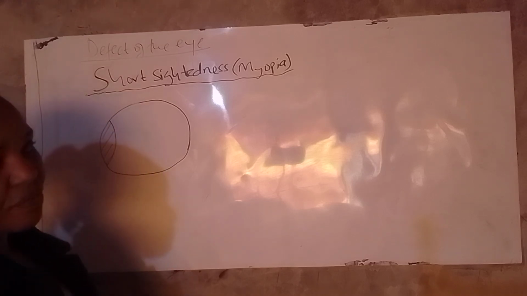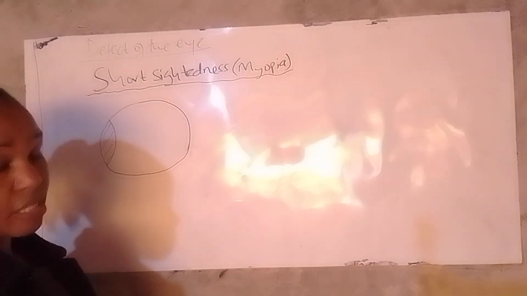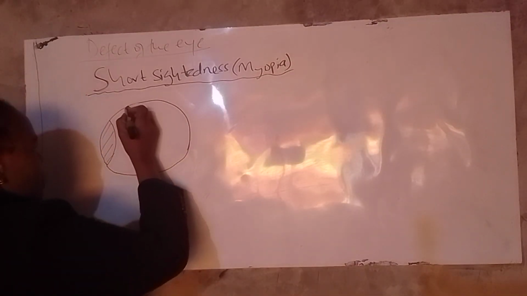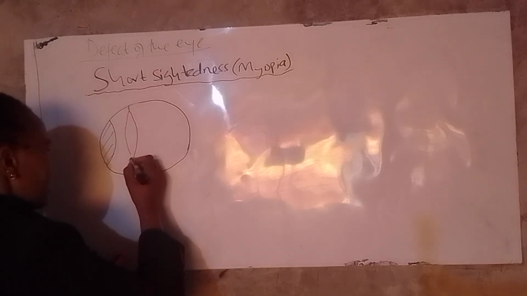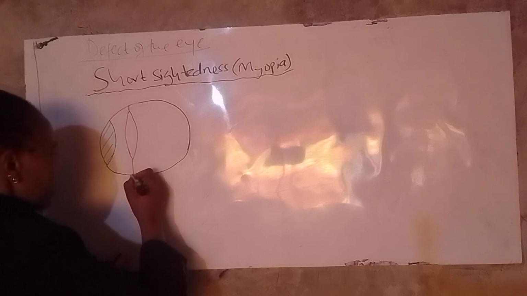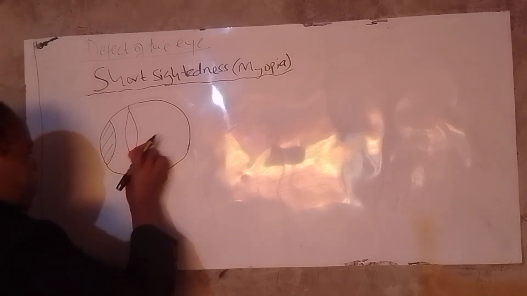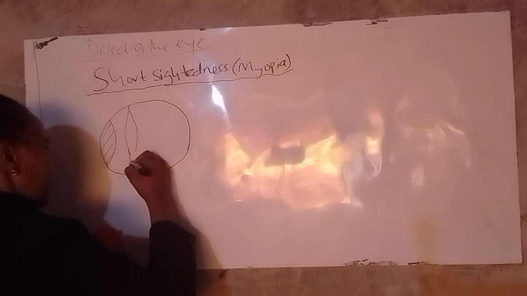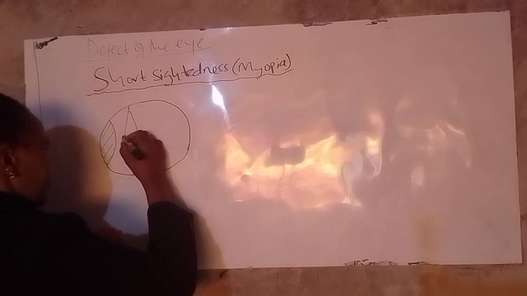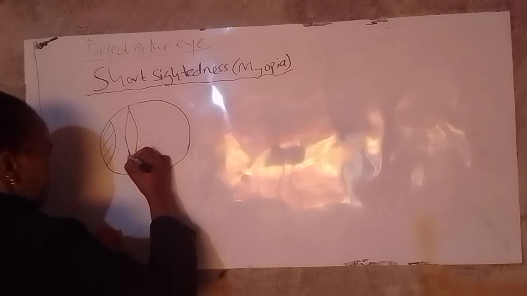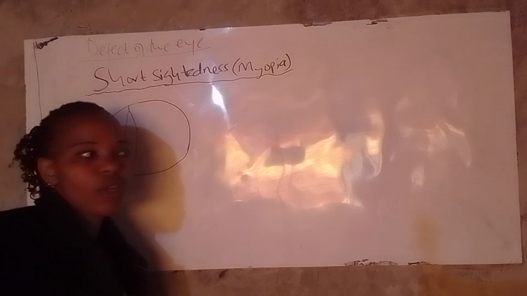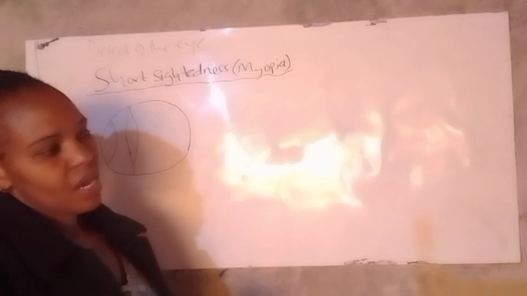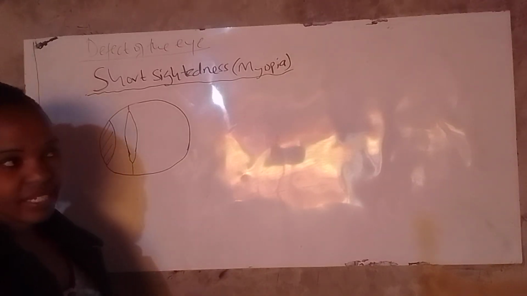We said most of the refraction of light takes place at the cornea. And then, of course, we have our lens, which is suspended by the ligaments, which are also connected to the ciliary muscles. So we don't go back to that. That's our lens. This is the eye of a person with no defect.